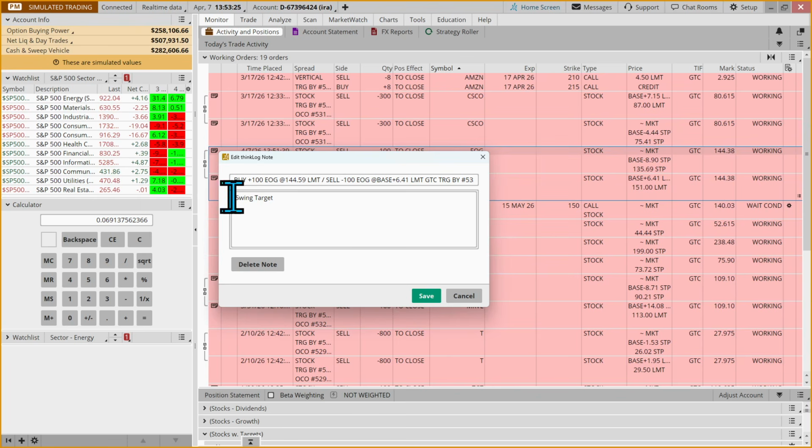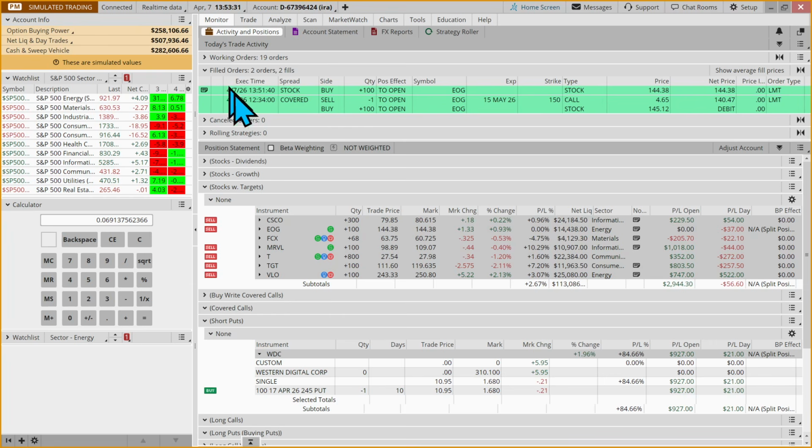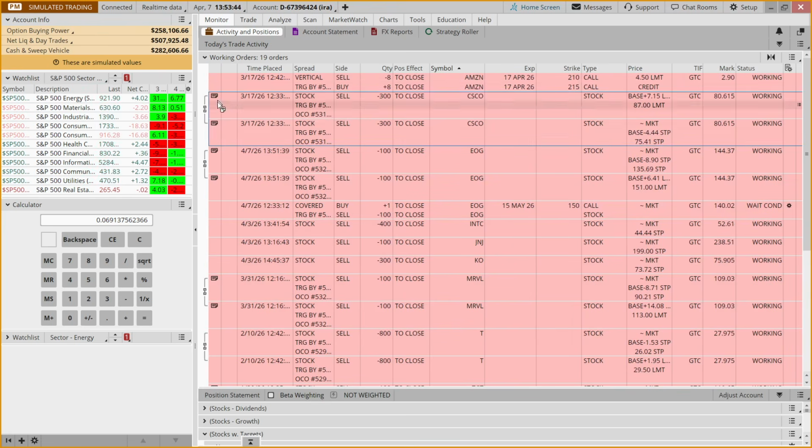Okay, so we can add a column in any group, and you don't have to add it in every group. You can add it in one group and not in any of the others if you like. That's one of the nice things about customizing things on the monitor tab. We can also access it on working orders.